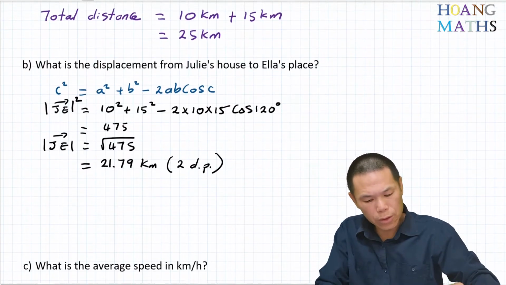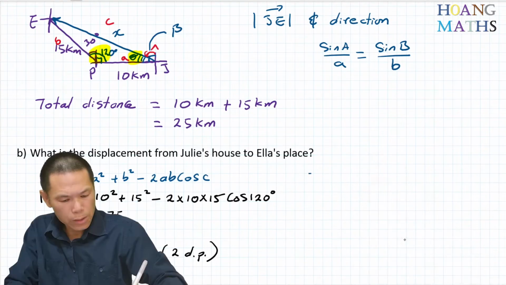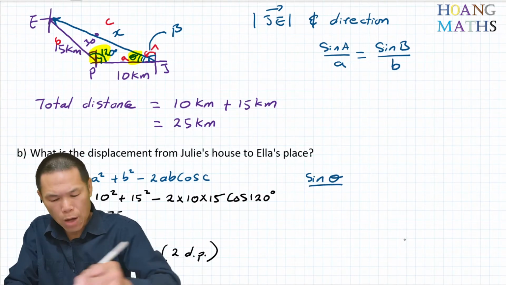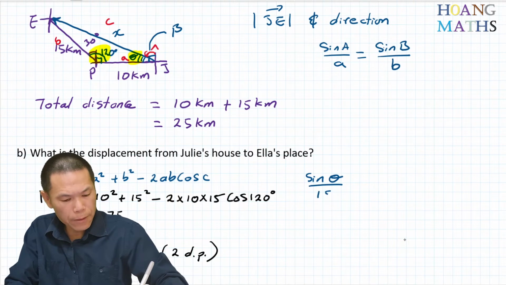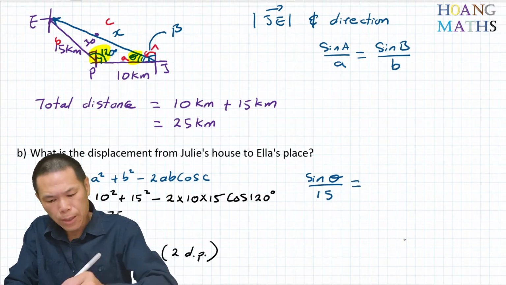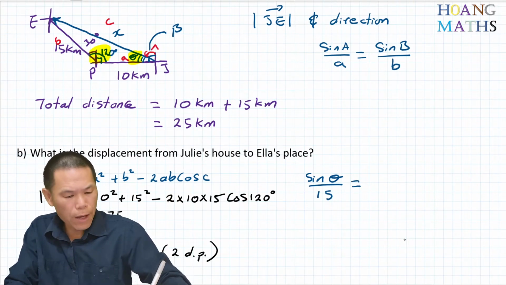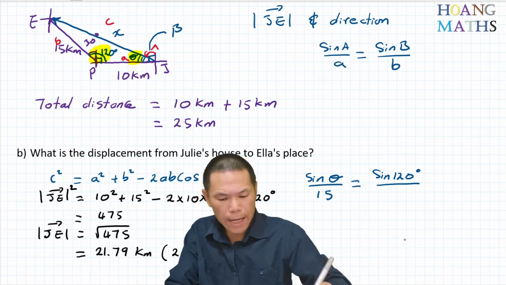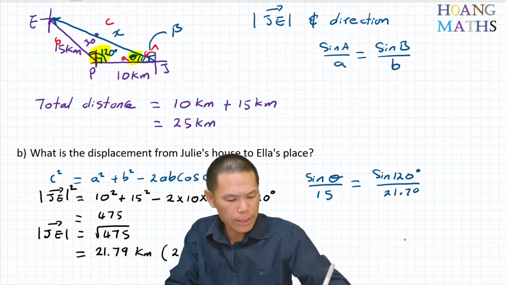So let me just write it here. Sine of theta over the opposite side, which is 15, is equal to sine of 120 degrees over the opposite side, that is x. x is 21.79.